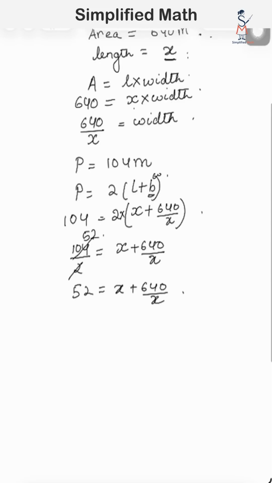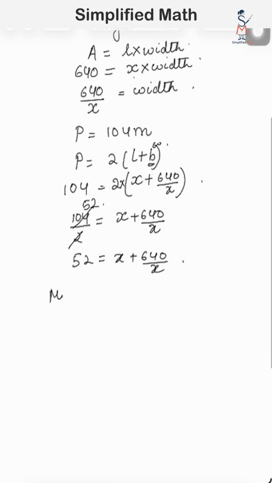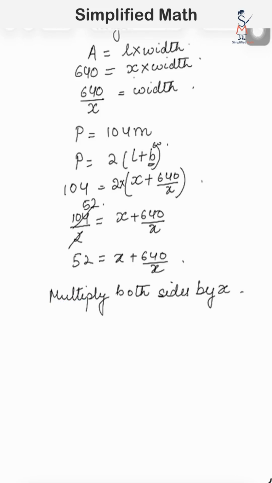Now I have to remove x from the denominator. What I can do? I can multiply both sides by x. Then this denominator x will get eliminated.